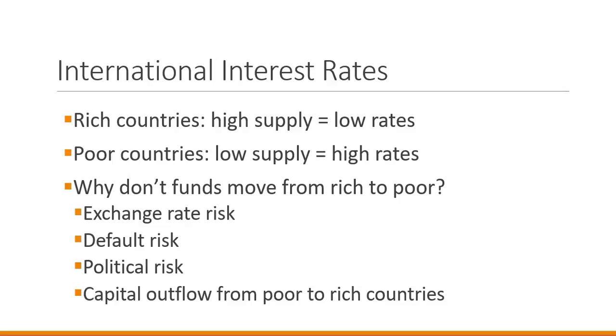Another factor is default risk, putting money into a country where there's just a higher risk in general of companies not succeeding. And even in the United States or in one country, if we're simply looking at options within one domestic market, default risk varies from one company to another, so the required rate of return would also vary.